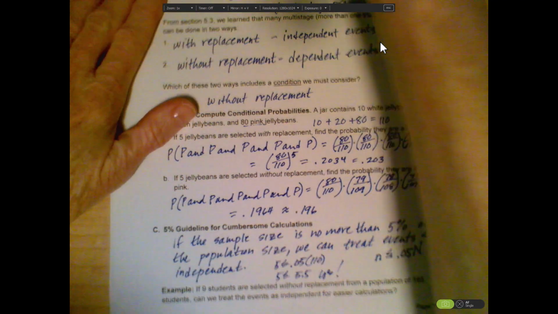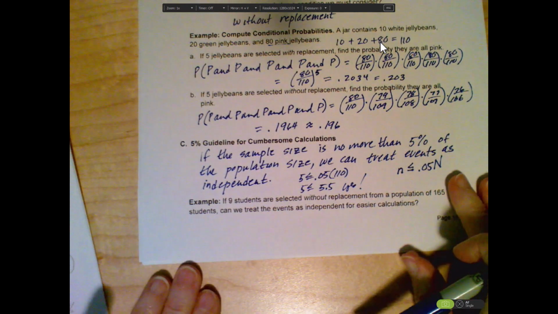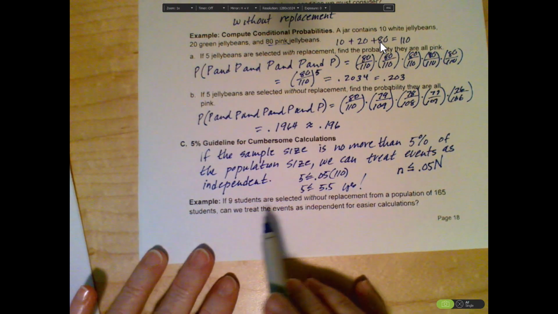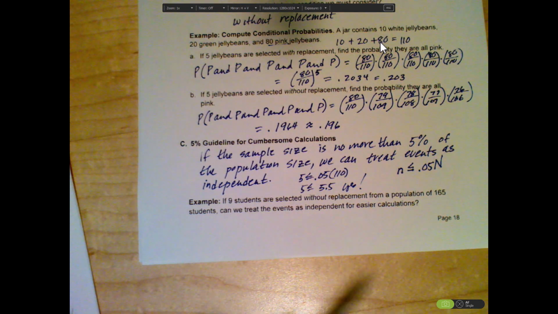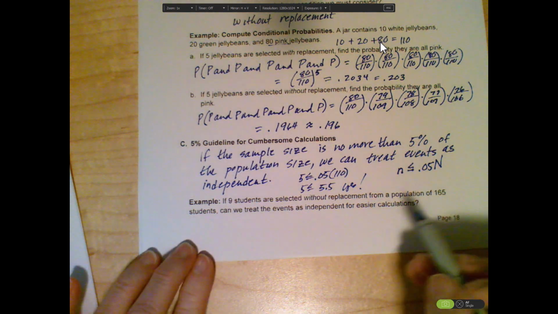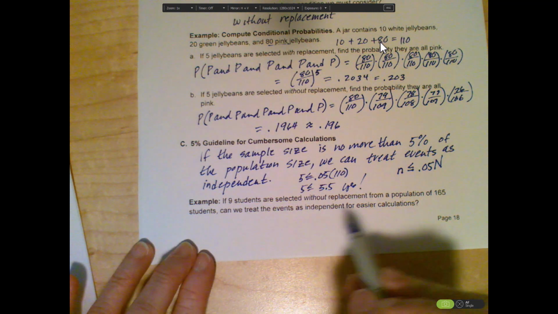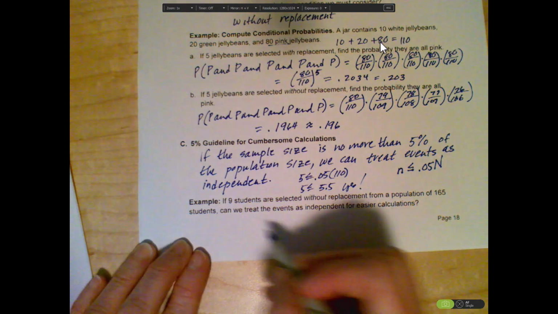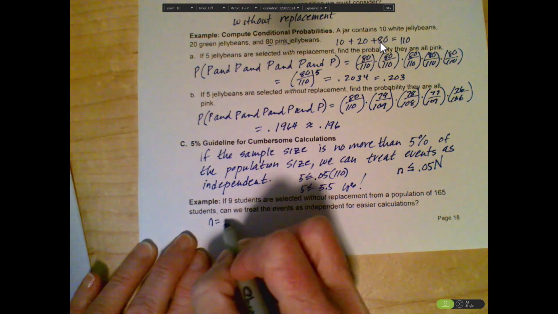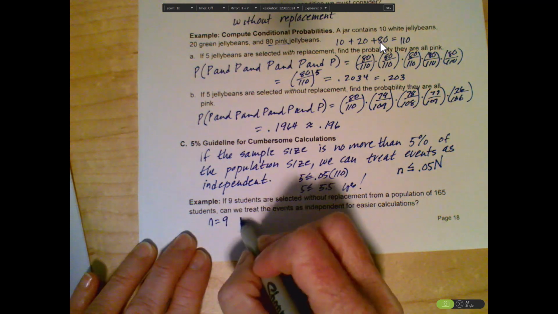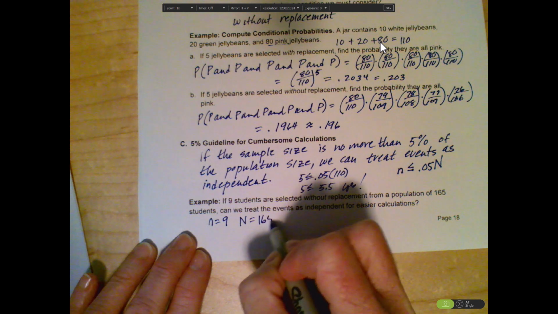Okay, let's look at this last little example on this page. All right. If 9 students are selected without replacement from a population of 165 students, can we treat these events as independent for easier calculations? So, sample of 9 students, population of 165 students.